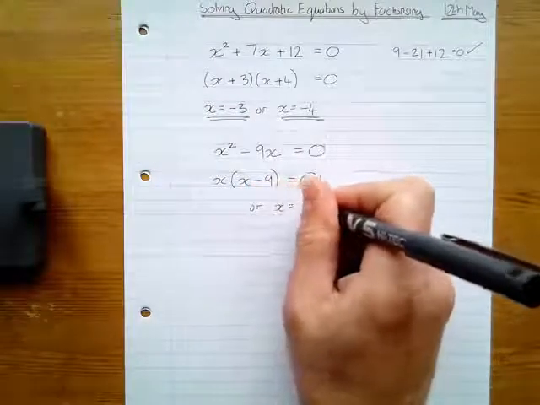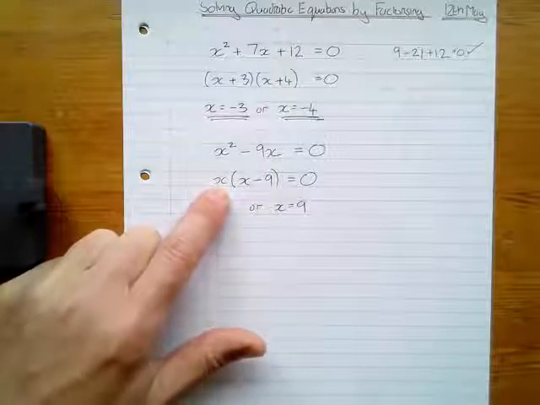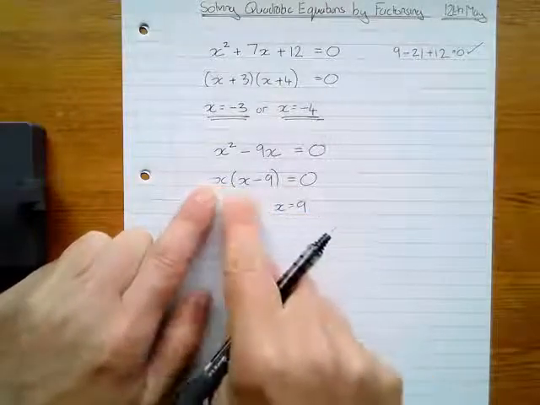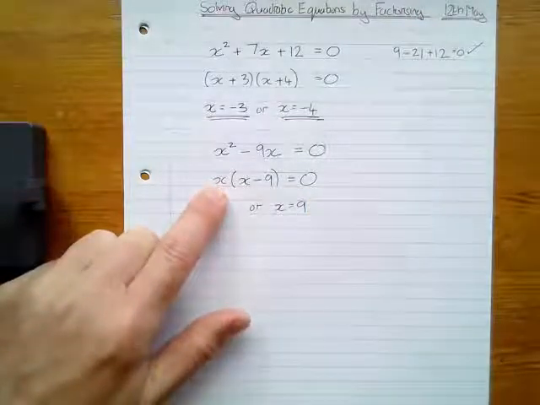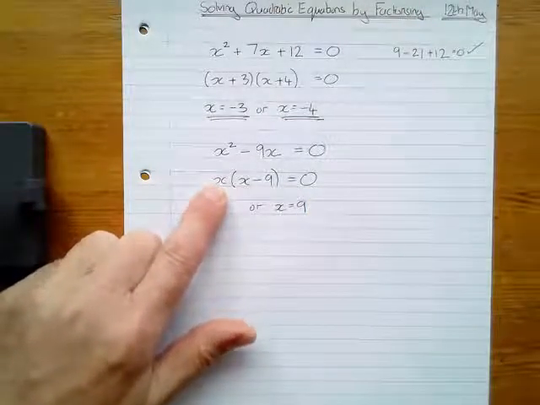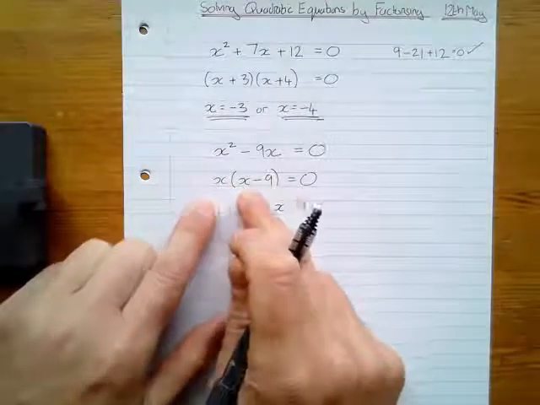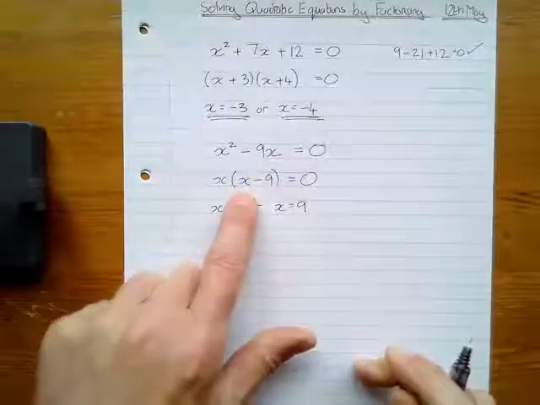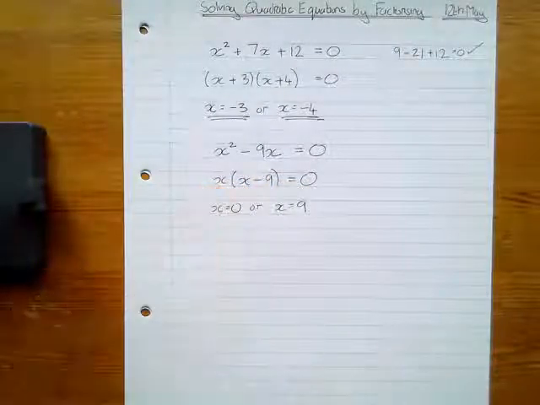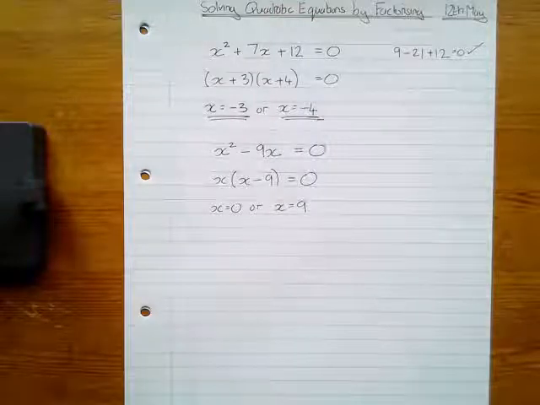And then the second answer is what I could make this value of x here in order for all of this to be equal to 0, and that would be 0. If I make x 0, then the left-hand side would all be equal to 0, because 0 times anything is 0. So when you just get one with a single bracket and an x in front, one of the solutions will just be x equals 0.